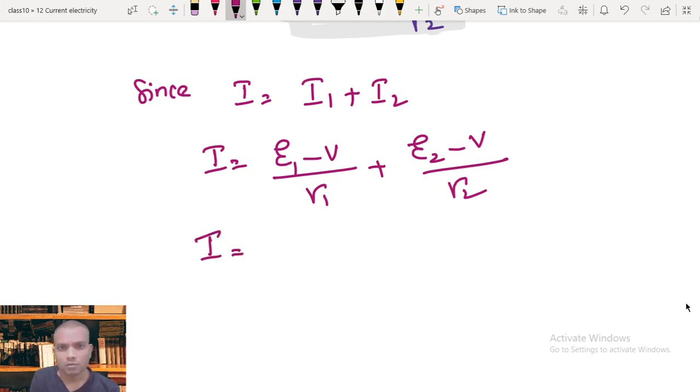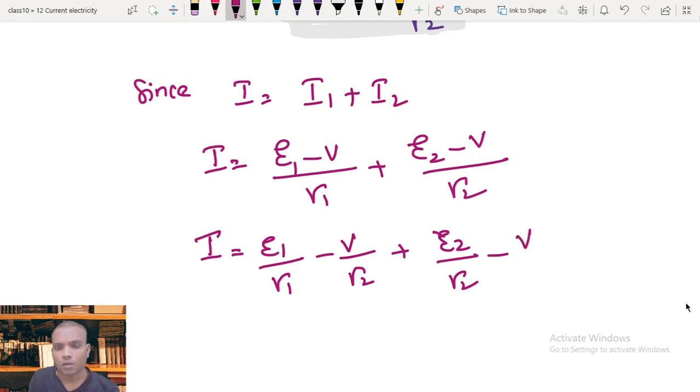So we will rewrite this expression. I equals E1 upon R1 minus V upon R1, plus E2 upon R2 minus V upon R2. Let us rearrange.